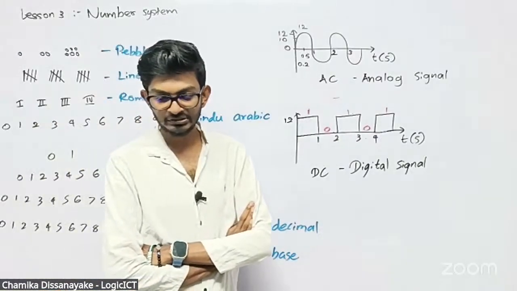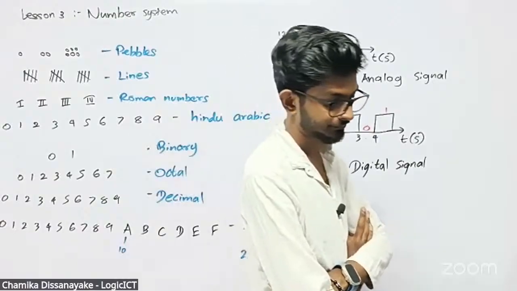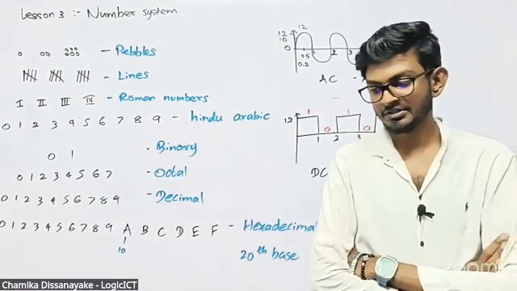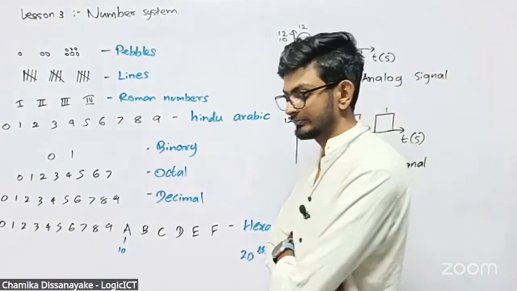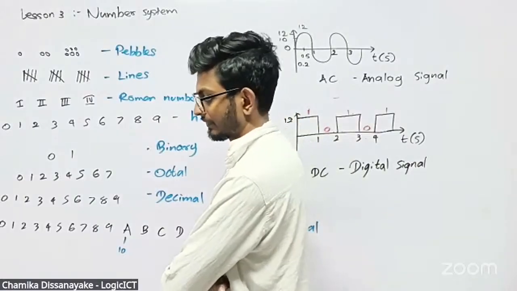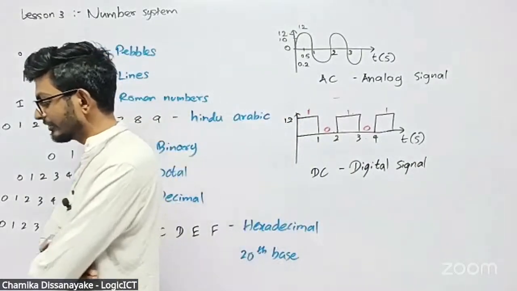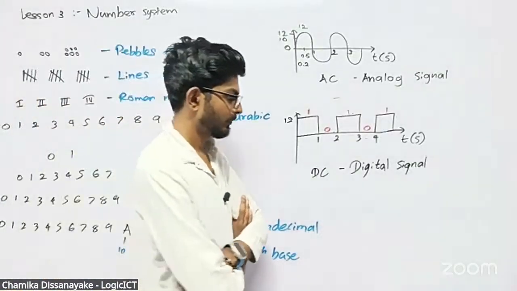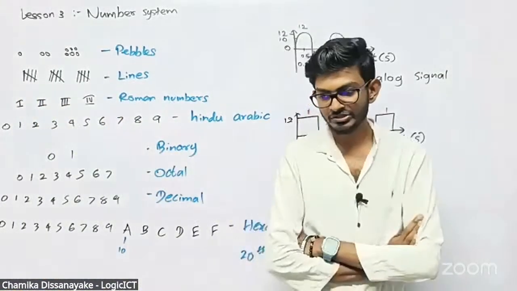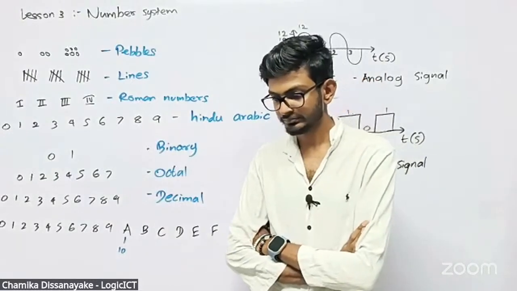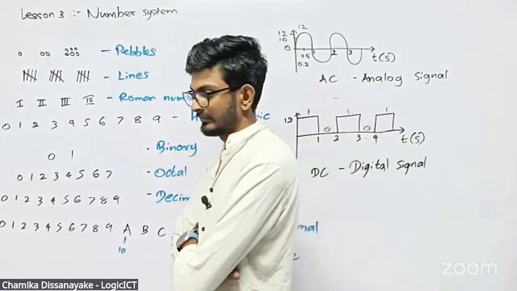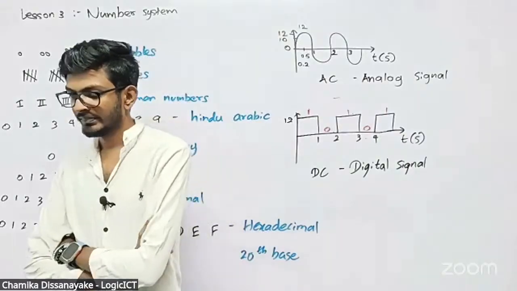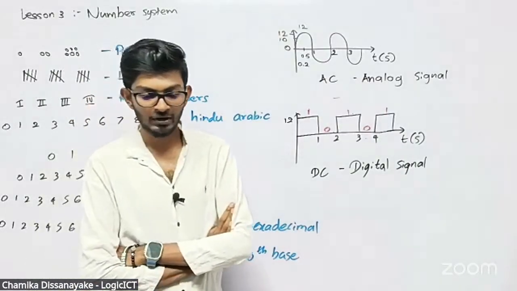Machine language consists of only two digits. In the bracket, just write 1 and 0.